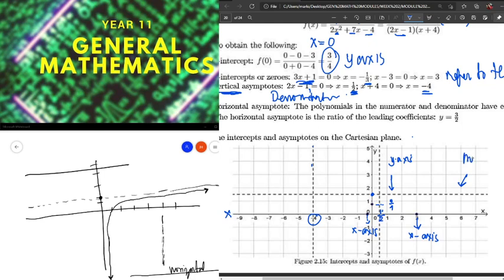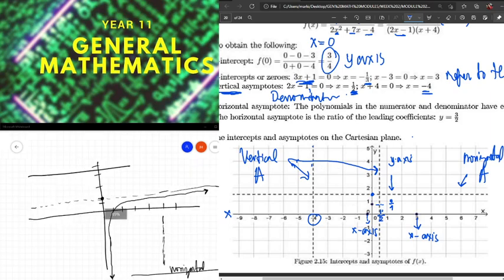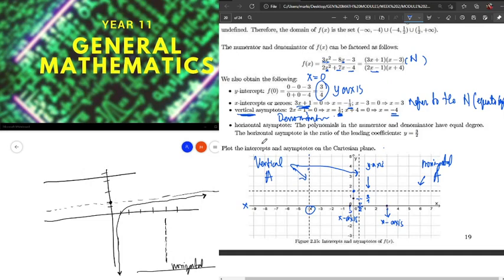So this is the horizontal asymptote. This one is vertical kaning duha. Vertical asymptotes. So we have two vertical asymptotes. It's not always that there are two vertical asymptotes, one horizontal asymptote. It depends upon the given function. Okay, so that is how we're going to plot the domain, the x-intercept, the vertical asymptotes, and the horizontal asymptotes.